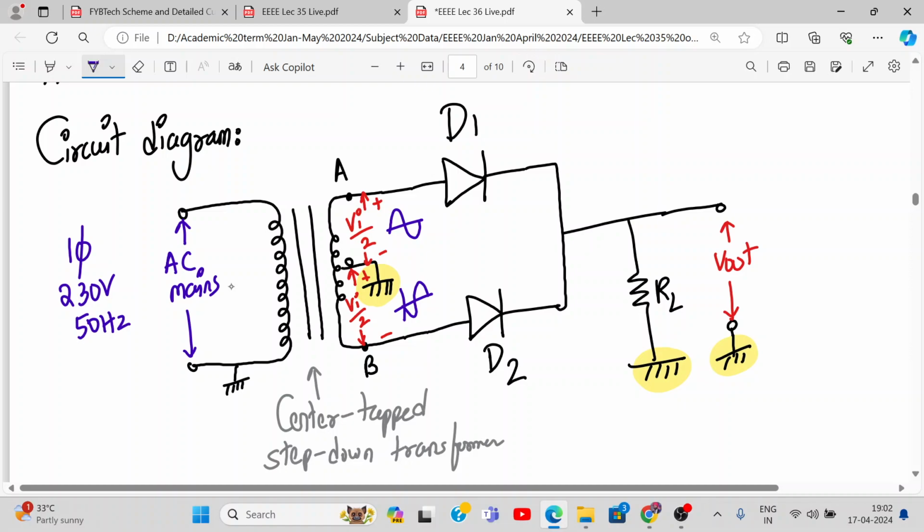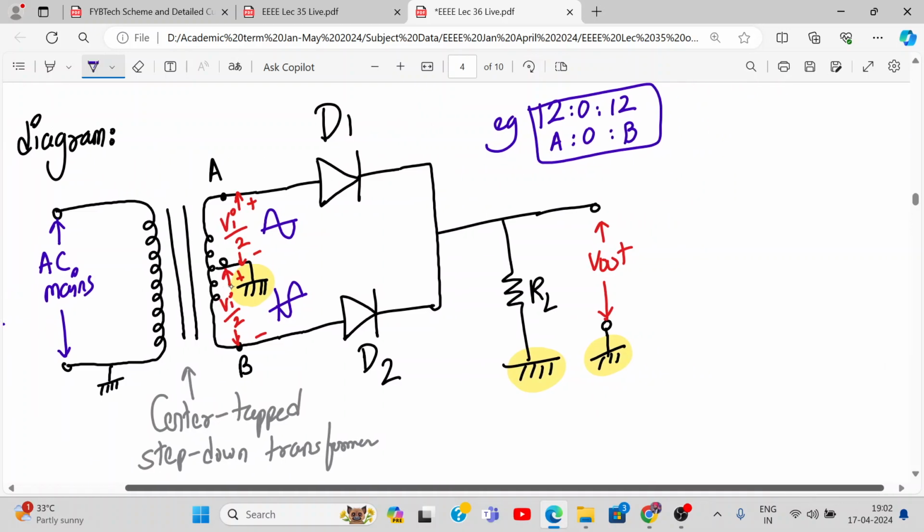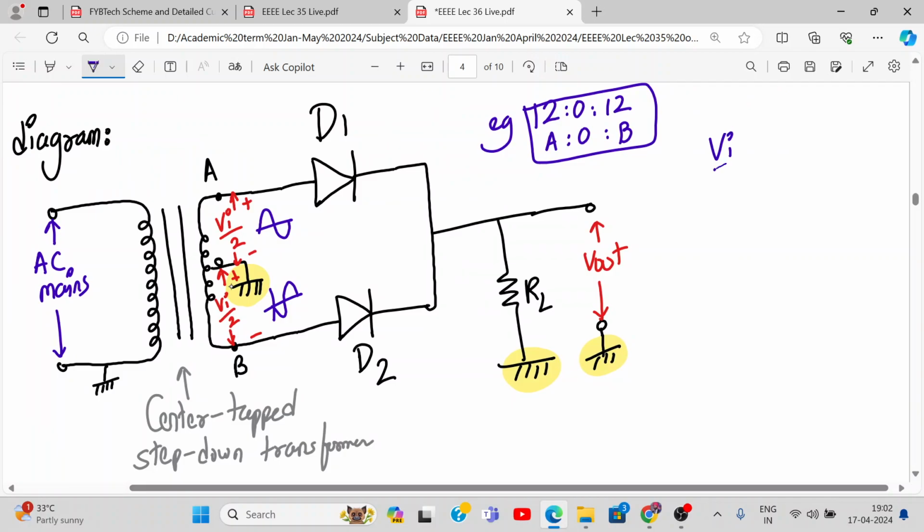I'm not drawing it. For example, we have 12, 0, 12 in our lab, the center tap transformer. So at point A it is 12, 0 here, and at point B also 12. That means Vi by 2 is 12 volt, for example.